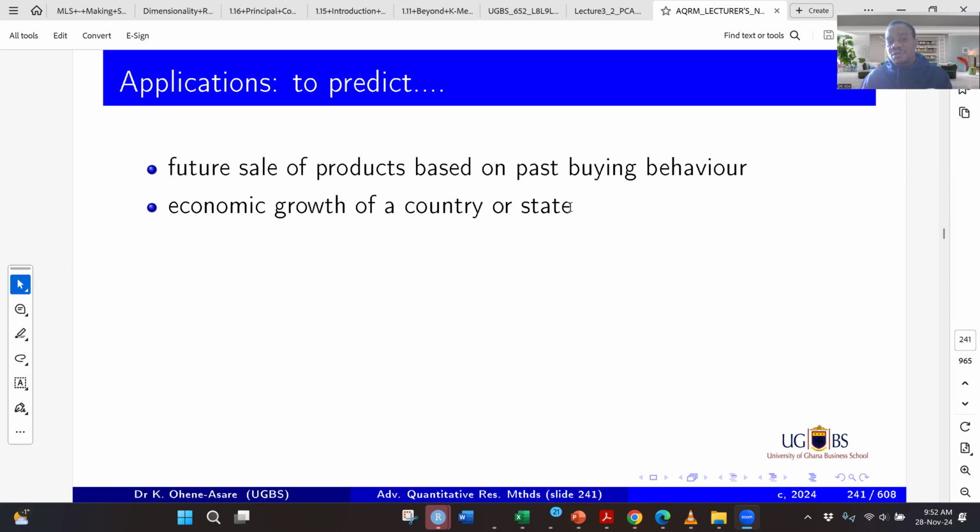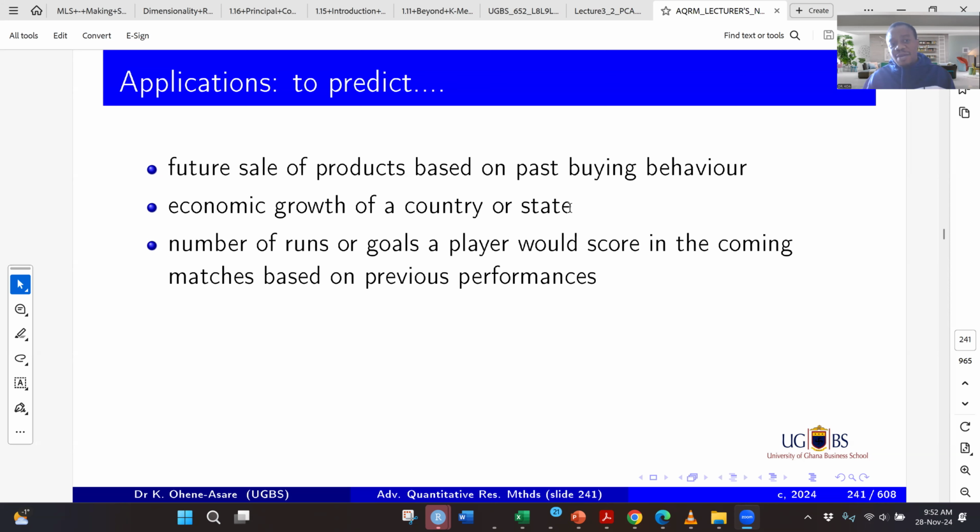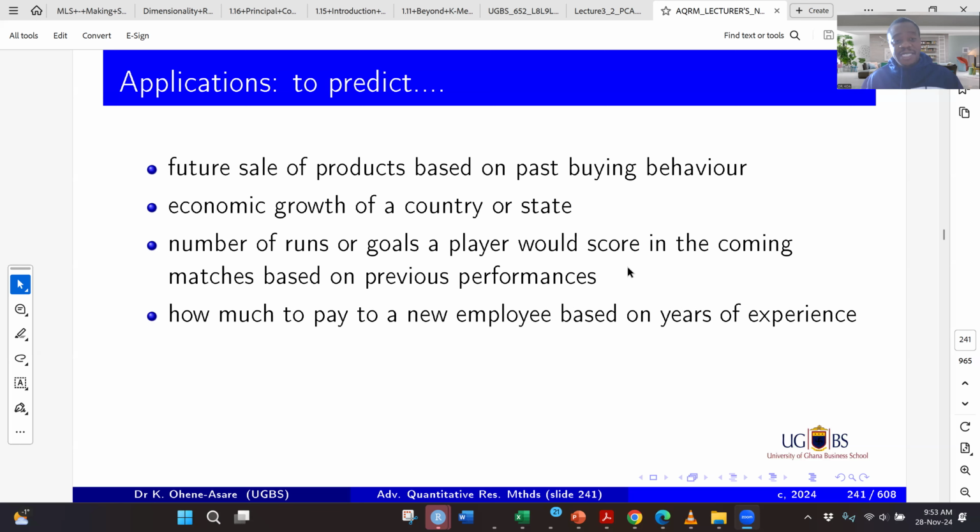Regression can help you to know the economic growth of a country next time. You can predict the number of runs or goals a player will score in the coming matches based on previous performance of that player. You can predict how many goals Ronaldo or Messi or Haaland is going to score using prediction and regression analysis.